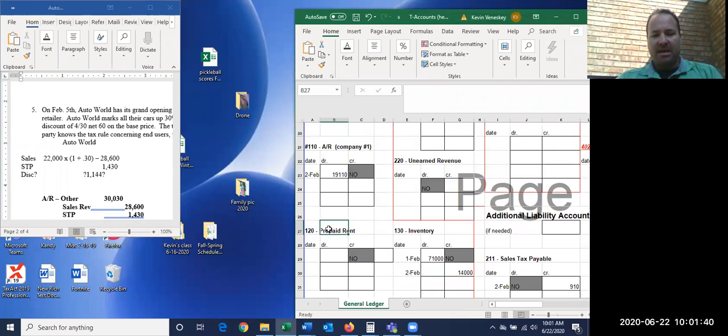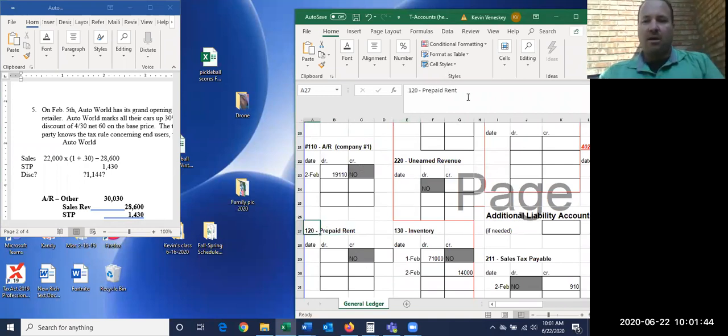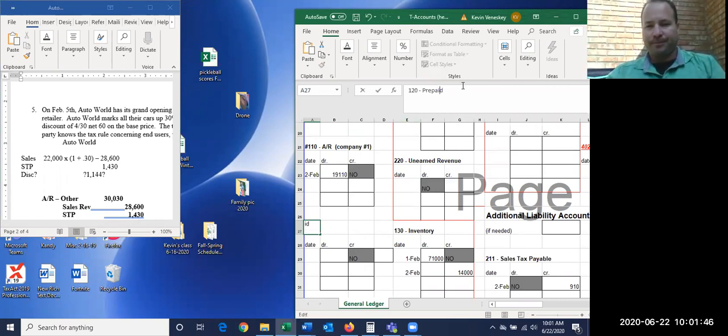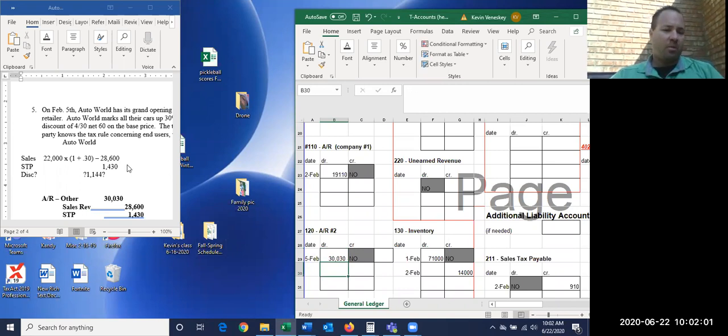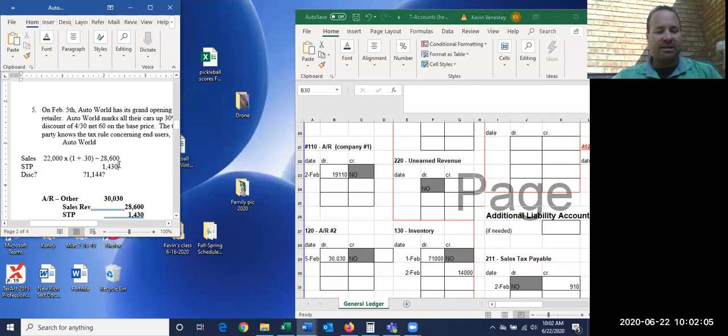I'm going to make an AR from this account, AR number 2, company number 2, whoever they are, on 2-5. And I'm going to show that they owe me $30,030. When you add up my cost, the revenue, plus the IRS's cost, the sales tax, and that's what our 2 credits are. Where did the AR come from?